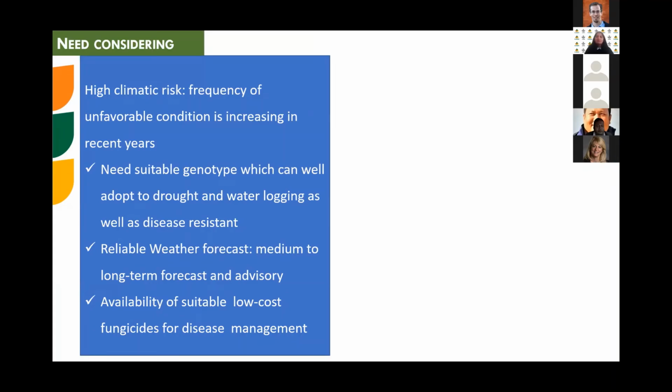So we need suitable genotypes that adapt well to drought and waterlogging as well as being disease resistant, reliable medium to long-term weather forecasts with climate advisory services, and availability of suitable low-cost fungicide for disease management. I guess it should have improved by now, but when I was there, it was a problem.